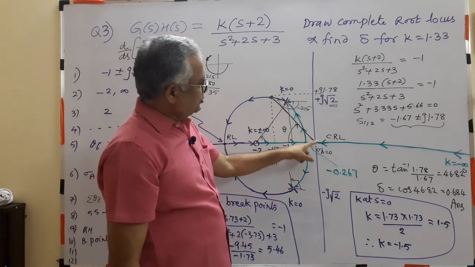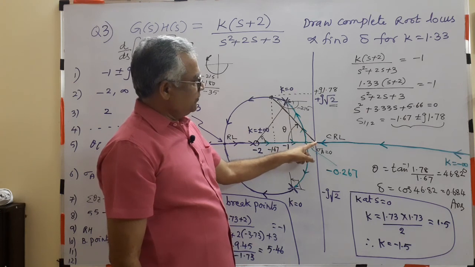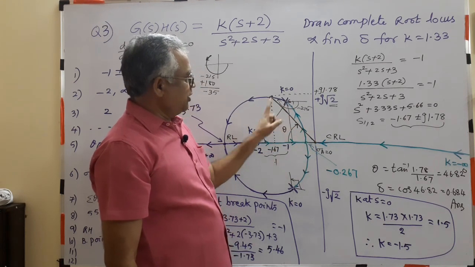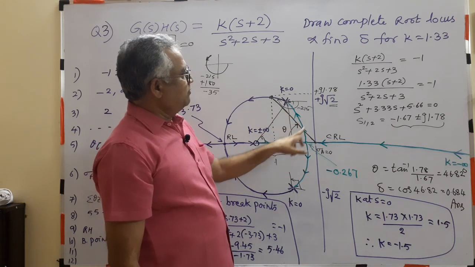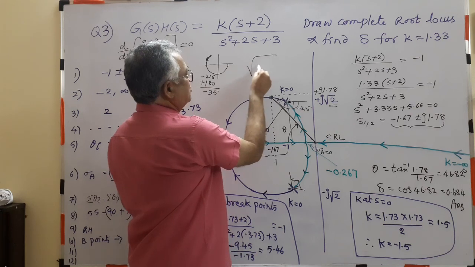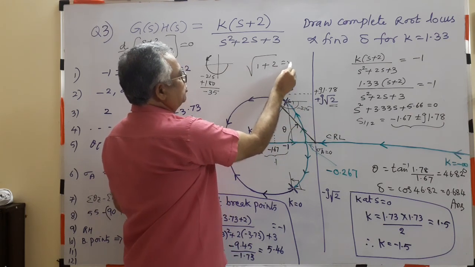So this pole you join here, this pole you join here, this vector length you have to find. What is this vector length? It is nothing but square root of 1 square plus root 2 square. 1 square is 1, root 2 square is 2, so it is root 3.